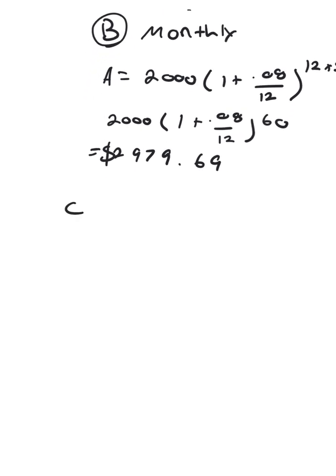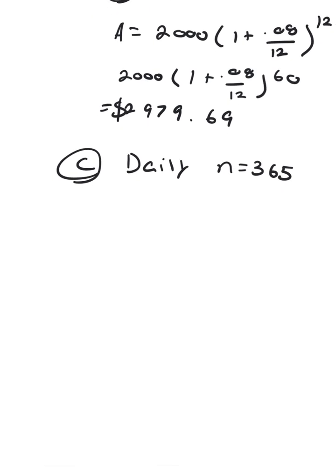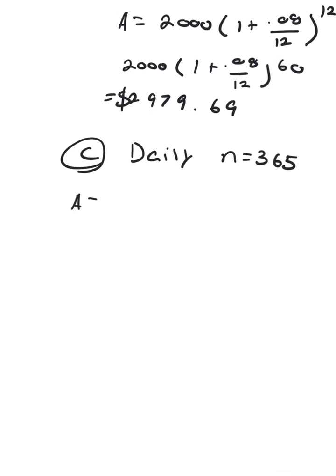Okay, now let's go to daily. In daily, this means that n is going to equal 365. So let's solve. A equals 2,000 times 1 plus 0.08 over 365, to the 365 times 5.